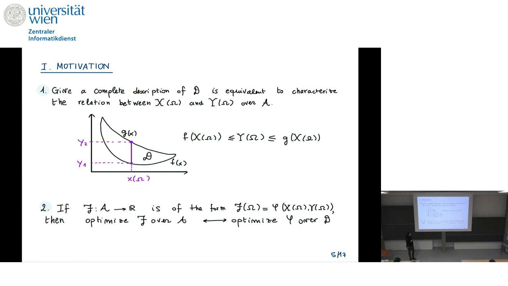If you have to optimize another function F on the class of admissible sets, if it is of the form small phi of (X, Y), then optimizing F over the class of admissible sets turns out to be equivalent to optimizing a function of two variables, so phi, which can be complicated. However, it is a function of R^2 defined over a known set.